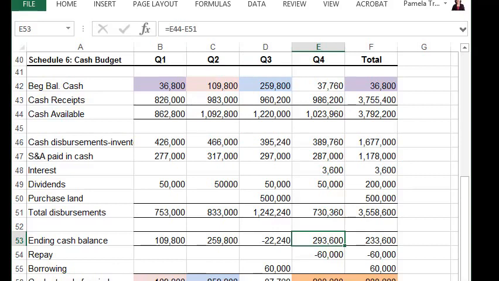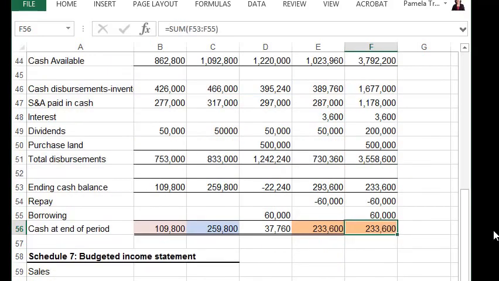If you foot these things properly, when you do the math, this $233,600 should work vertically math-wise, and it should be equal to the ending balance at the end of quarter 4. Let me move that up a little here to make that more clear in case you couldn't see it. The math should work in this column so that the column does add up vertically, and this amount, if you've done everything correct, should be equal to your cash balance at the end of quarter 4.